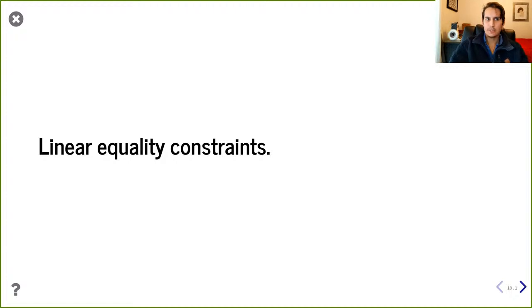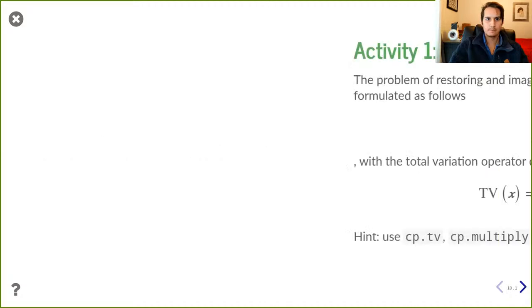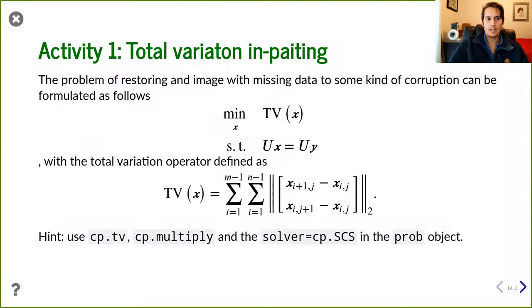So now we'll start with an example of a problem with linear inequality constraints. It is a very complicated problem, but let me explain it a little bit. The problem is total variation inpainting. Basically what it does is minimize something that I have not defined yet, the total variation of a variable x subject to a linear constraint here.